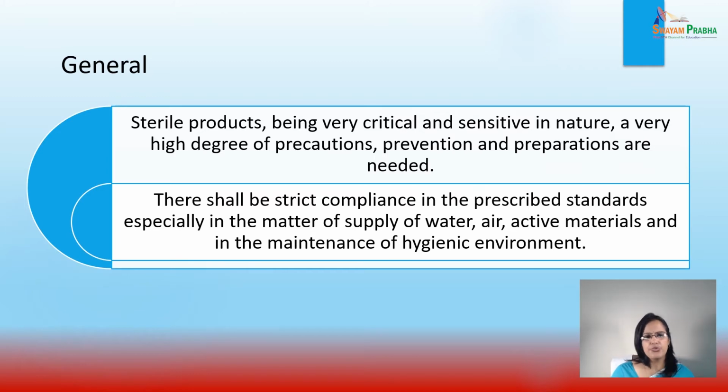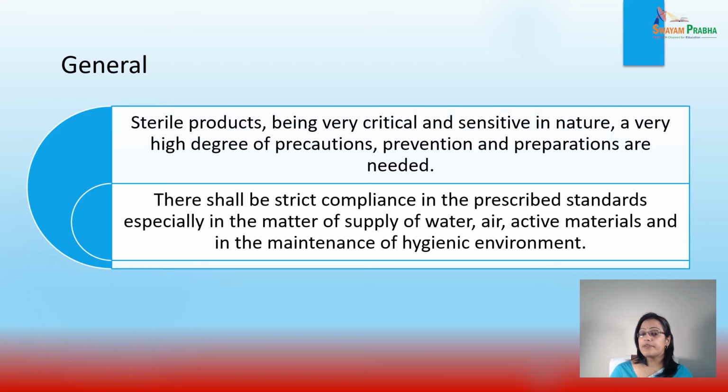In these general guidelines for sterile products, let me first introduce sterile products, though I hope all of you are familiar with them. Sterile products are irrigating solutions, parenteral preparations, injections, and ophthalmic preparations. These come in direct contact with the blood circulation, because an injection is administered via different routes and the drug goes directly to the systemic circulation, to the blood.